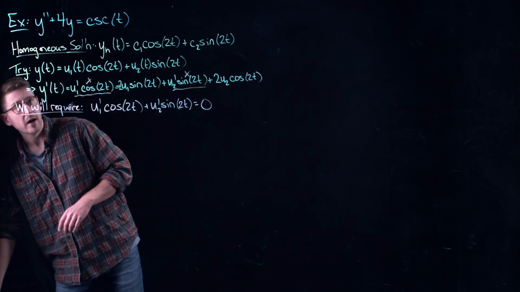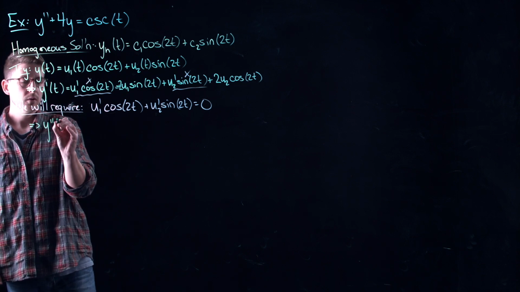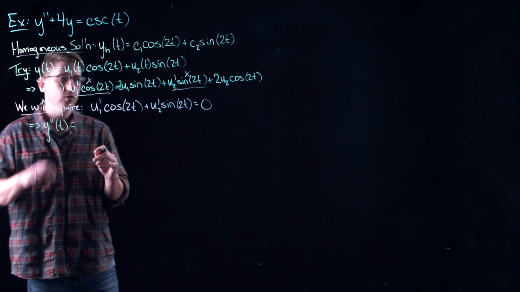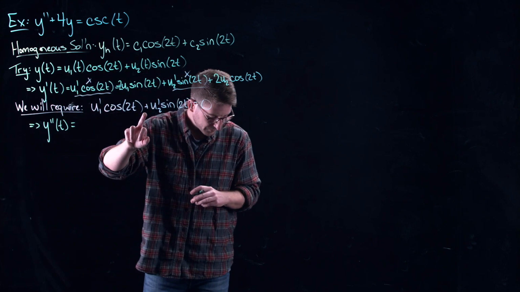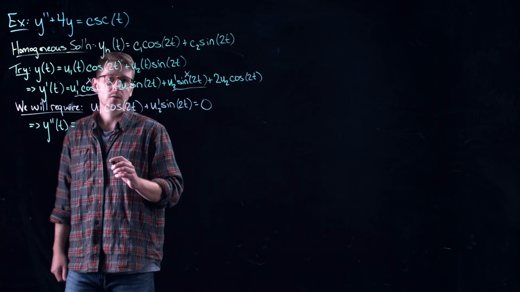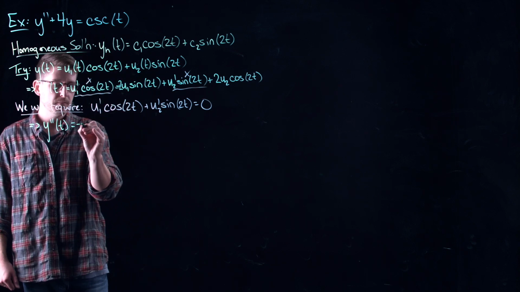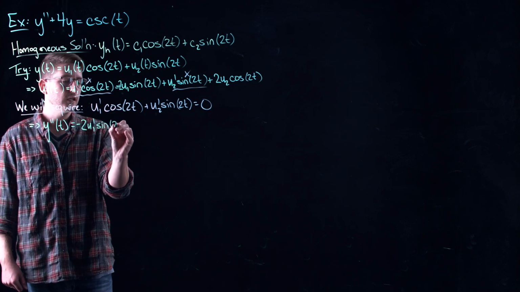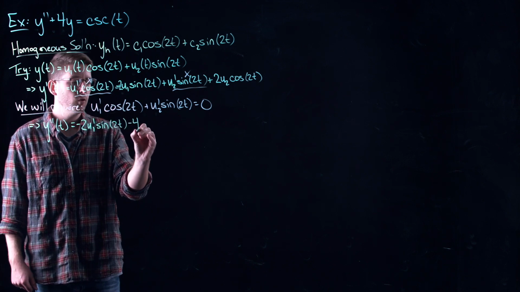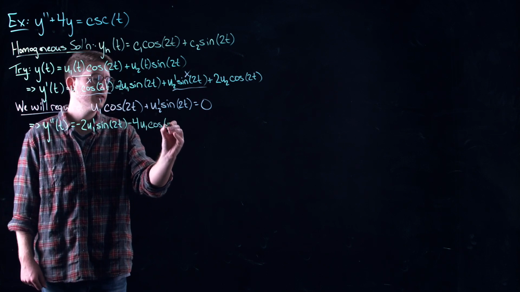Okay, with that in mind, now I get the second derivative of u. Remember, this piece and this piece drop out by my assumption here. And now I get, taking this derivative, minus 2 u1 prime sine of 2t minus 4 u1 cos of 2t.